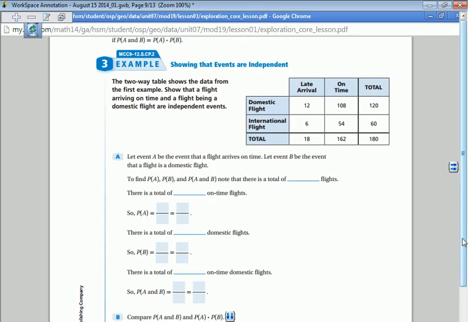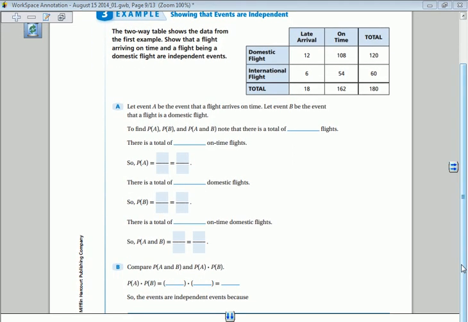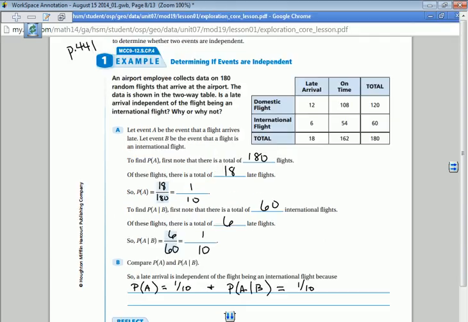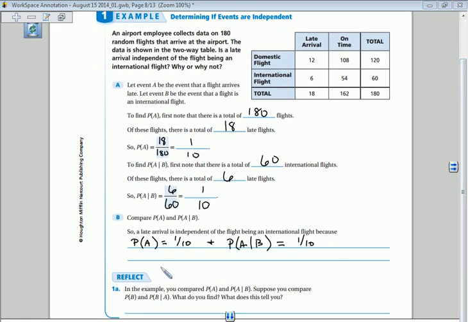Okay, let's look at example 3. So we're going to flip over. We did 2 yesterday. Let's look at 3. Oh, I didn't answer that one, did I? So how would you answer this one? What would you say?